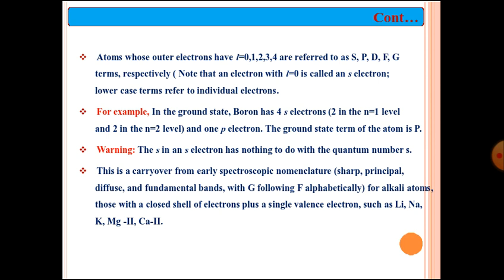Atoms whose outer electrons have L equal to 0, 1, 2, 3, 4 are referred to as S, P, D, F, G terms respectively.